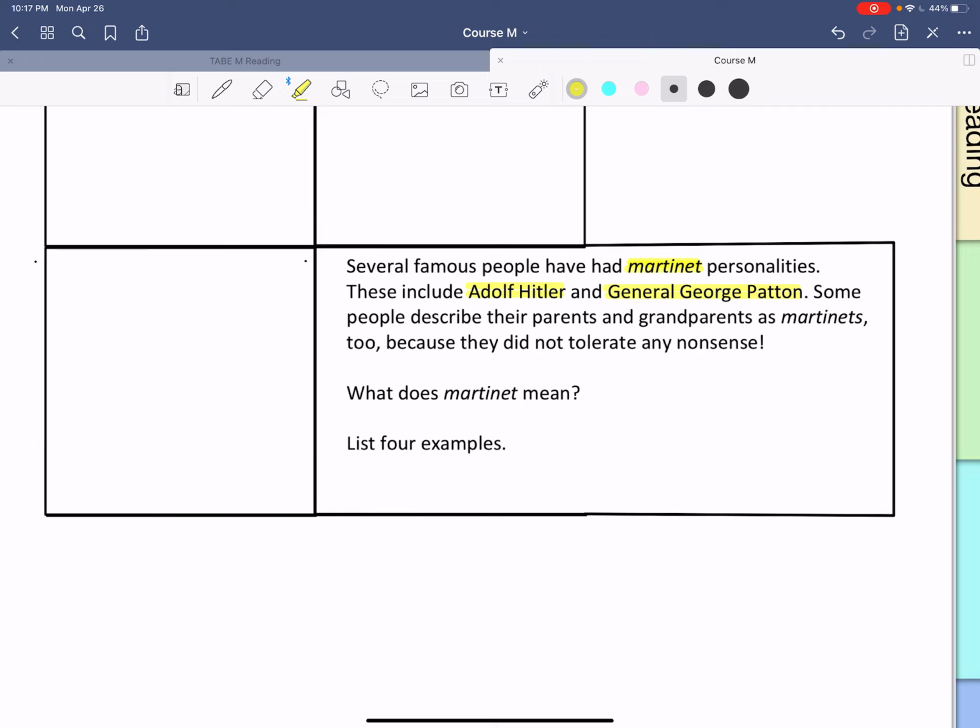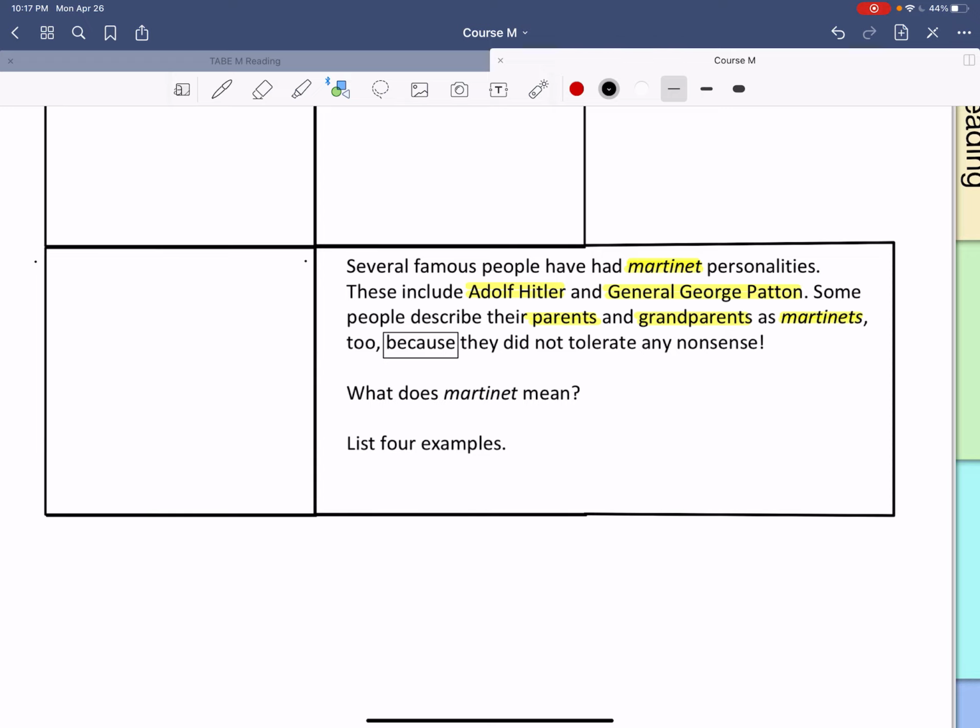Some people describe their parents and grandparents as martinets too. Okay, so I have Adolf Hitler, George Patton, my parents, and my grandparents. So this is not making a lot of sense. Because, now that's important, because this is giving me a clue that something important's coming up. They did not tolerate any nonsense.